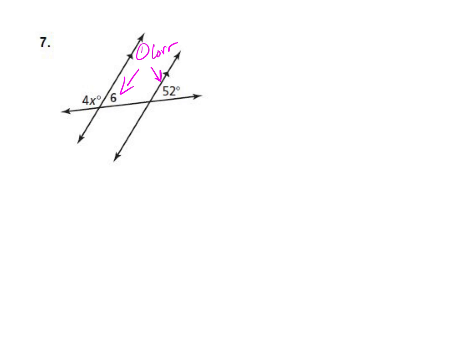Congruent. So angle 6 equals how much? 52. So step 1, the measure of angle 6 is equal to 52 degrees because of the corresponding theorem. I'm putting here angle 6 is equal to 52 degrees.